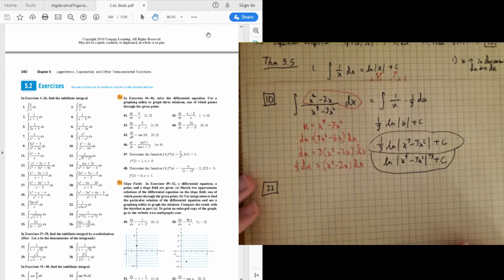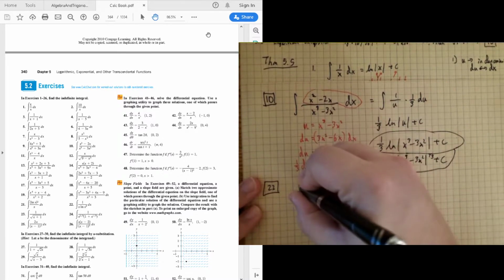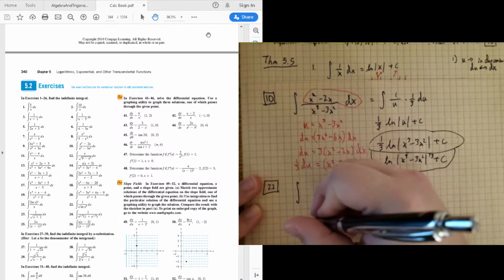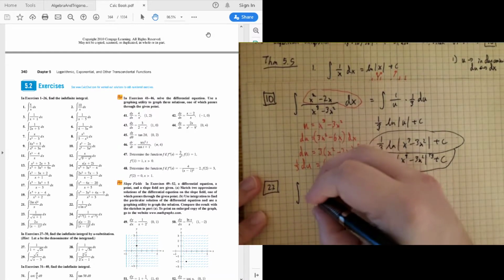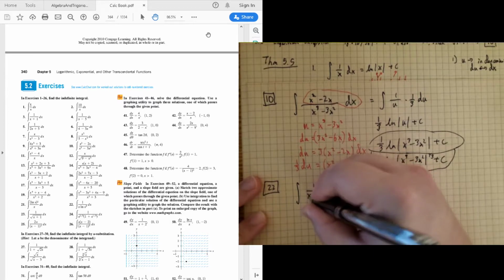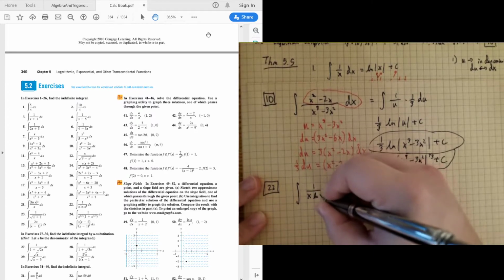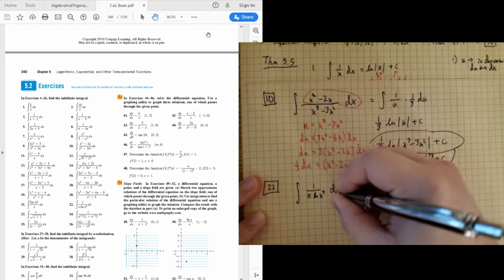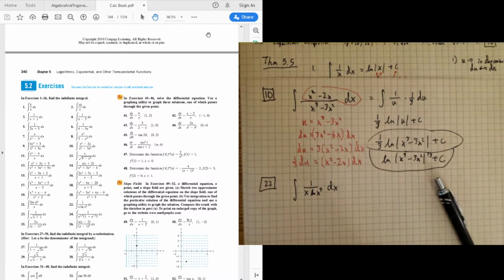So on 22, the problem we have is going to be the integral of 1 over x ln of x cubed dx. I love looking at problems like these, but I enjoy more spending time and saying, what does this thing actually look like?